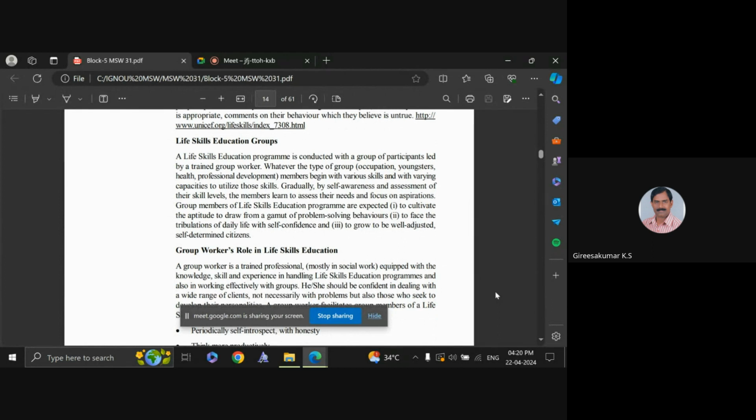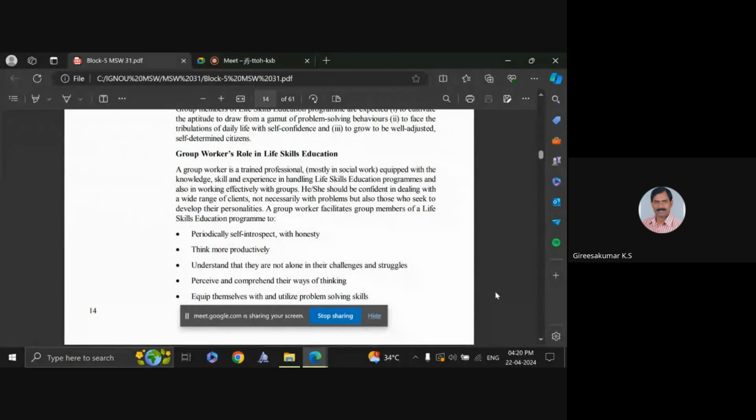A life education program is where group participants are led by a trained group worker, and the trainer will be teaching them to cultivate aptitude to draw from an issue, then face all the problems of daily life with self-confidence, and to learn to adjust to everything. And group workers' role in life skills education.